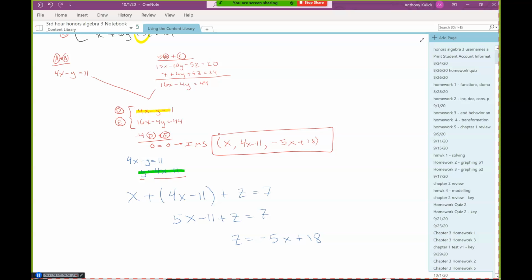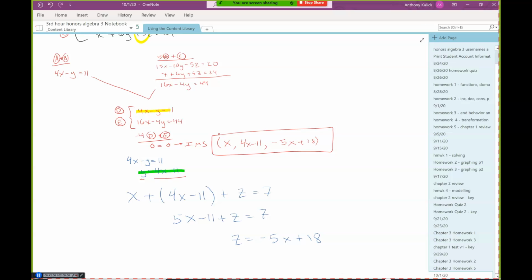Is everybody okay with what we did there? Sydney? That's okay. Yep, the 7 is on the other side of the equal sign, right? Good. We're happy with this?